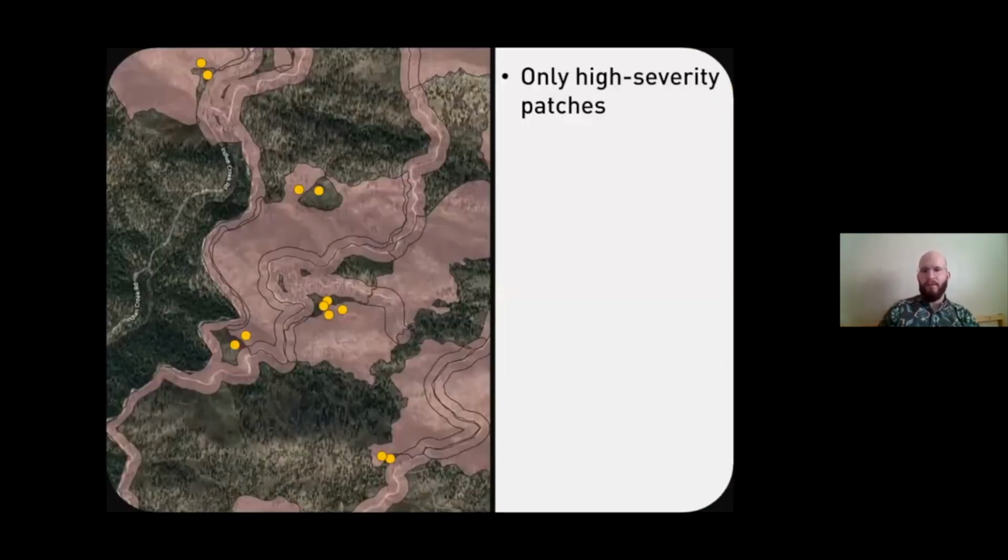Within each of these, we measured seedling density only in high severity patches. To do this, we paired plots along a planted and unplanted boundary. These boundaries were not environmentally significant. They were arbitrary boundaries that were mostly due to funding limitations or just access.